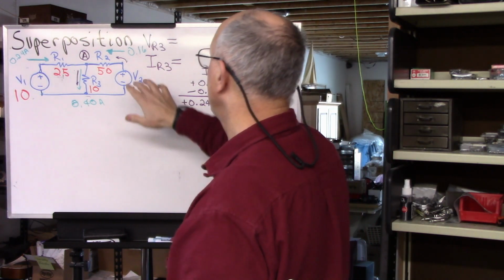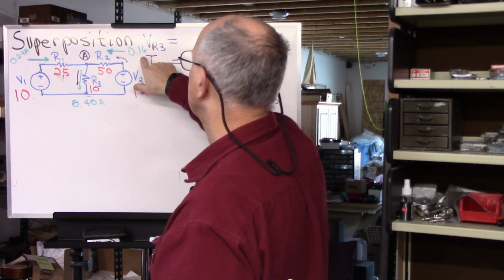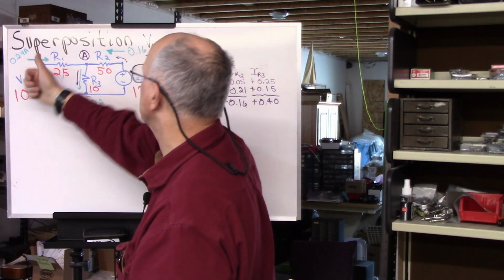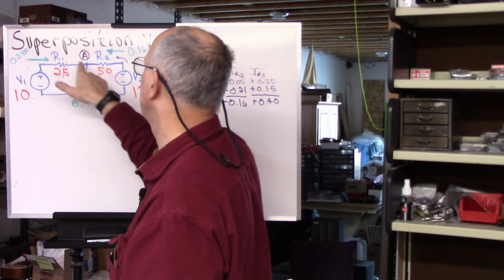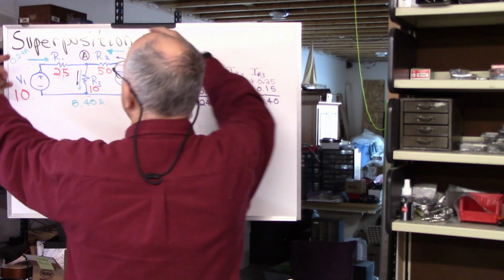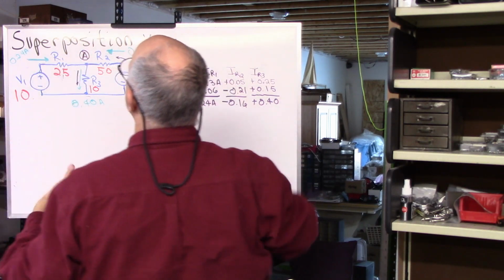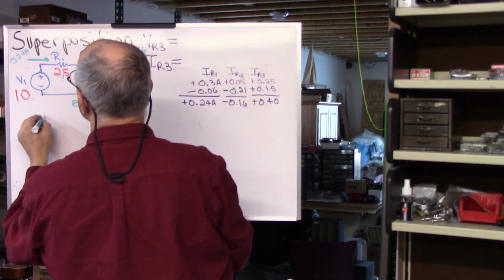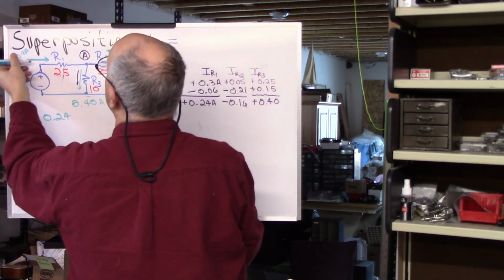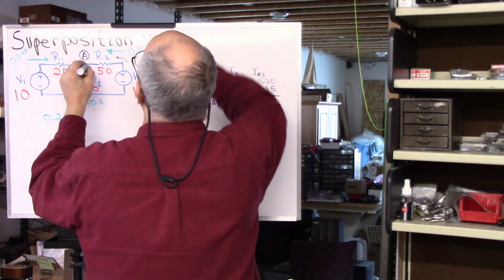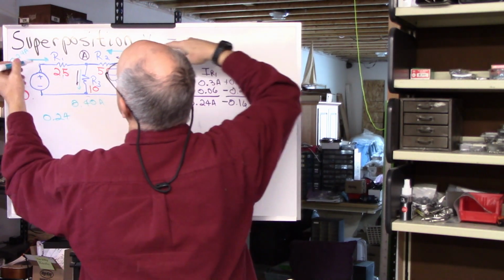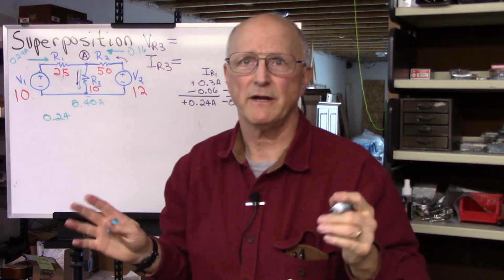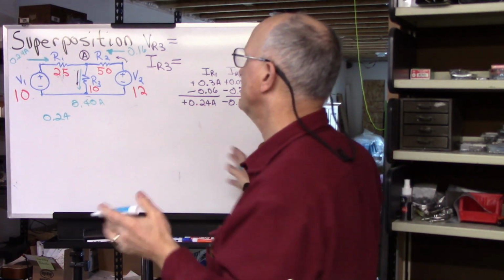Now, think about it. We got 0.16 amps coming in from this direction to this node. We got 0.24 amps coming from this direction to this node. That means that these add together. Now I'm talking about KCL, Kirchhoff's current law. The algebraic sum of all the currents entering a node must equal 0.